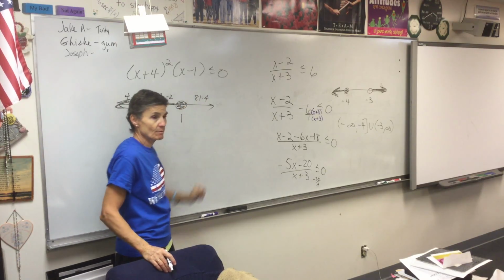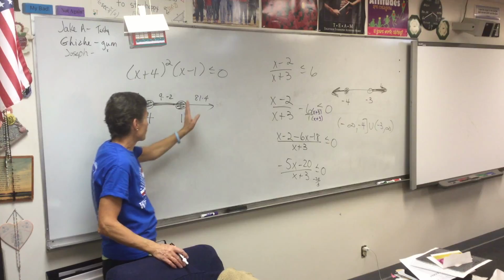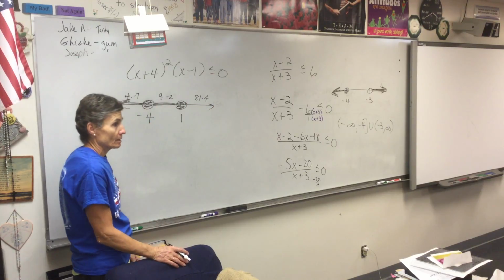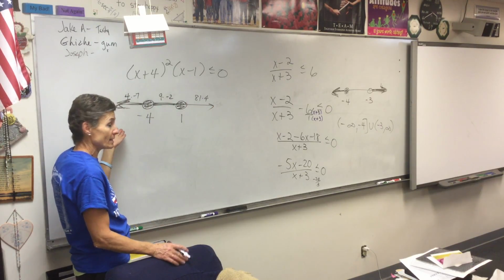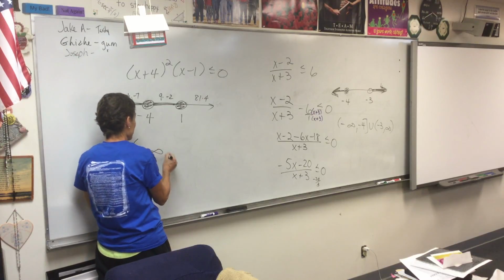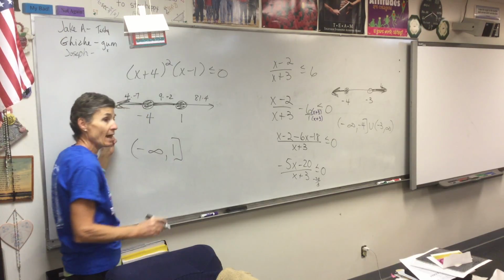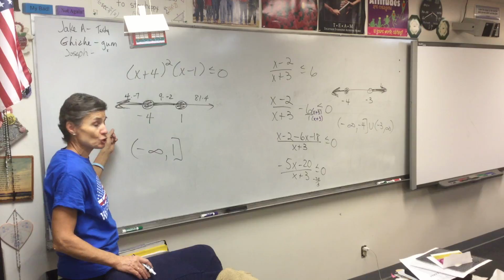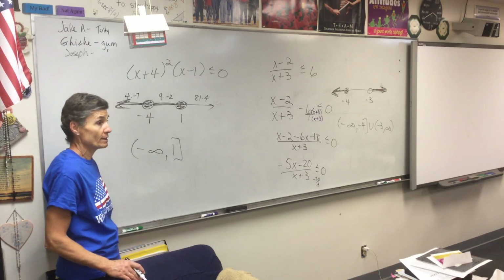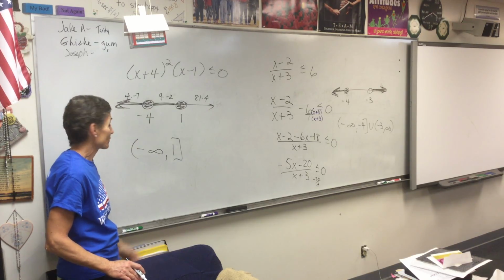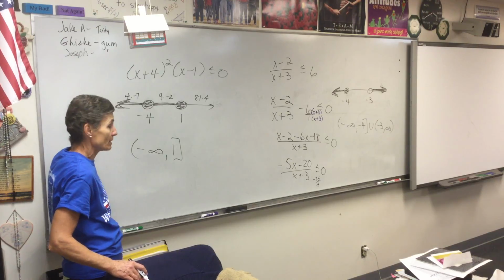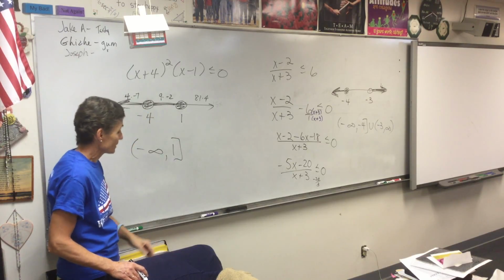Is it less than 0? No. So that part didn't work. So what parts did I end up shading in? I shaded everything from 1 down, didn't I? I did it in chunks, but everything from 1 down is shaded. From -infinity, that's out here, all the way up to 1 is shaded.